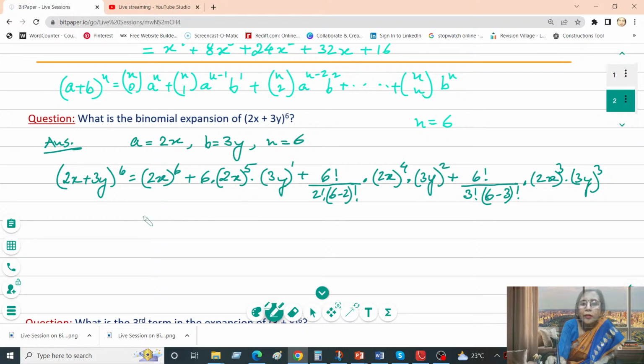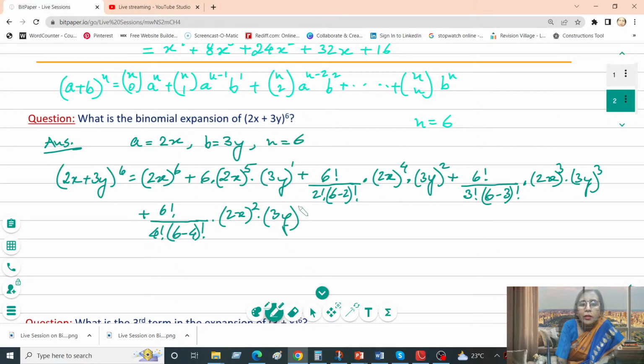Plus 6C4. So it is 6 factorial over 4 factorial, (6 minus 4) factorial times (2x) to the power of 2. See, the powers go on decreasing: 6, 5, 4, 3, now it is 2. And the powers of 3y will be going on increasing.